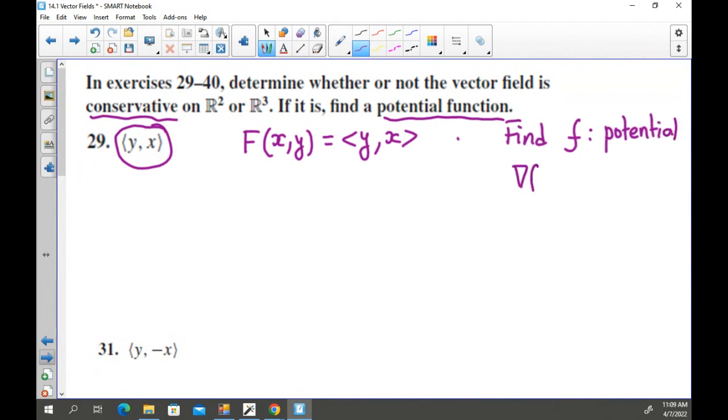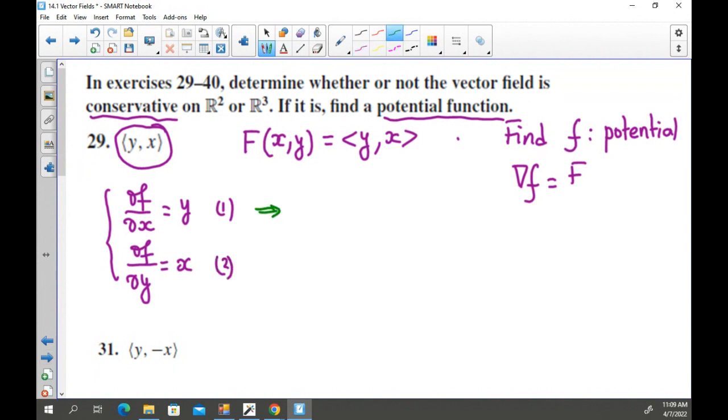That means the gradient of f should be equal to the vector field. So in this case, we will have df over dx equal to y, and df over dy should be x.